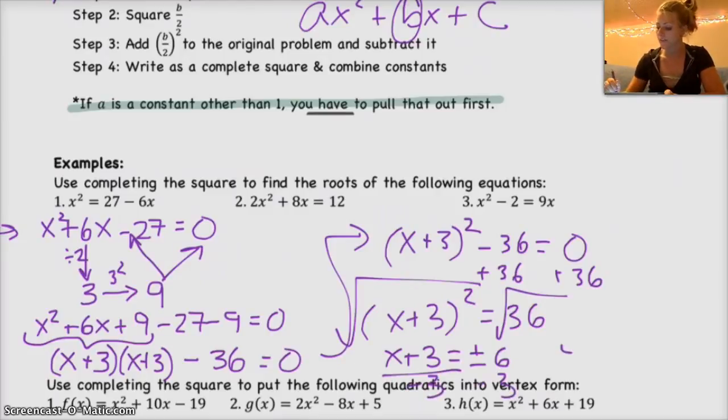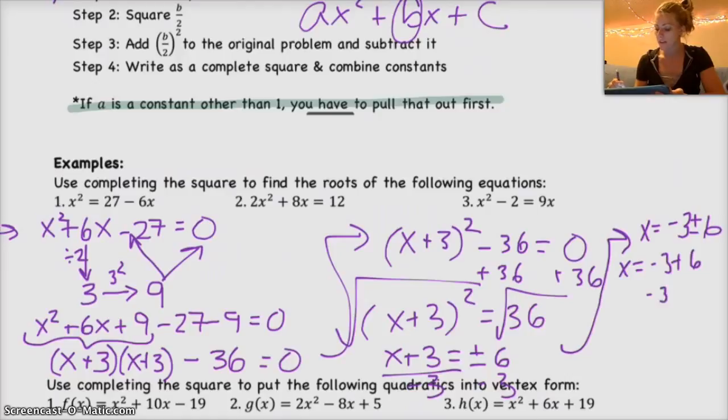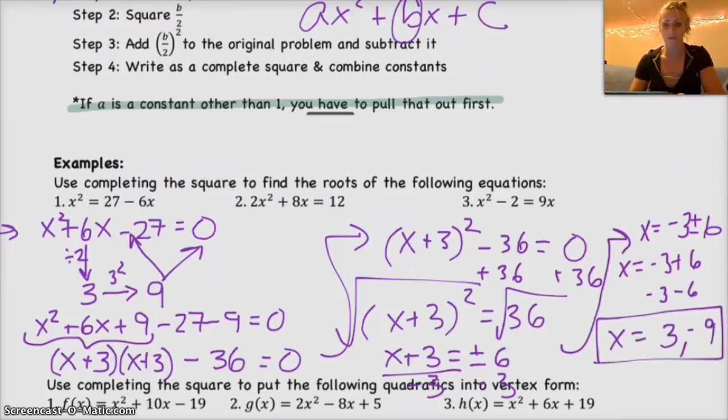So I get x equals negative 3 plus or minus 6. Well, that's not really a nice number when I could make it a nice number, so I'm going to do that. So x is negative 3 plus 6 and negative 3 minus 6. So x equals positive 3 and negative 9. And those are my two solutions for the first problem.